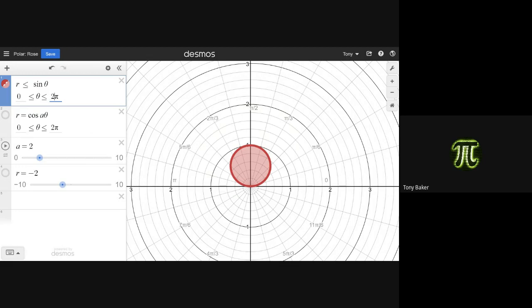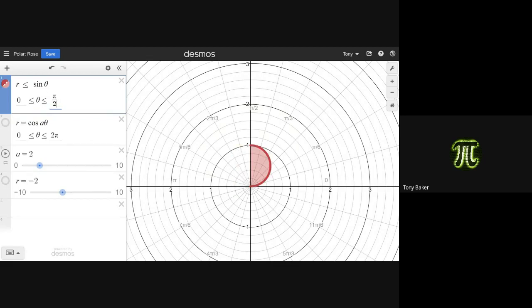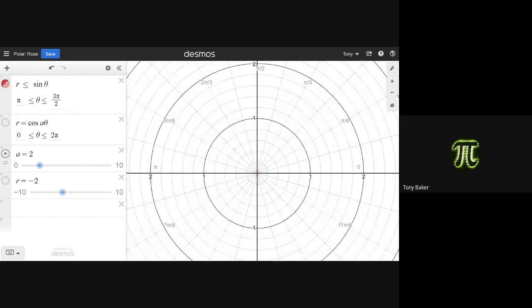So if you do like pi to pi over half, it'll be just the left side of the circle. So you'd actually have to do pi over 2. No, like the range is pi to 3 pi over 2. It's not a full circle because you already have the circle. Sorry, pi. Oh, pi. Yes, yes. I don't know why it didn't actually graph it.